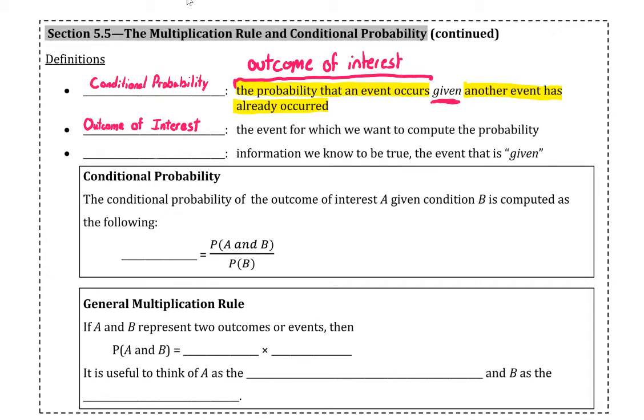The second event is referred to as your condition. This is information we know to be true, the event that has already occurred.